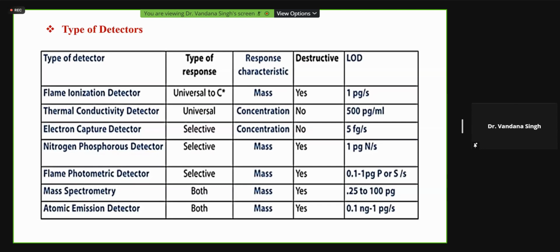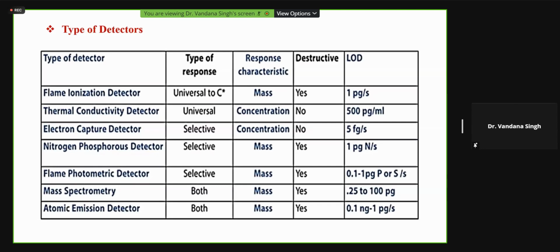This background noise is very high in this case, and this will interfere with the differentiation or identification of peaks which are very small, because they will merge in this noise. So it's not good for better resolution or identification of the analyte.